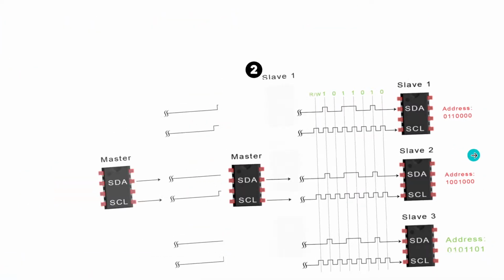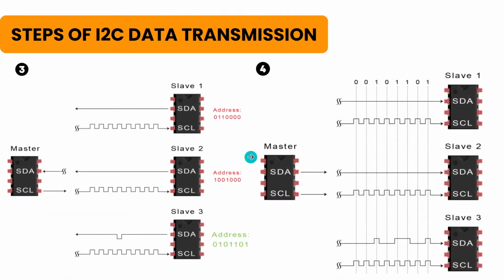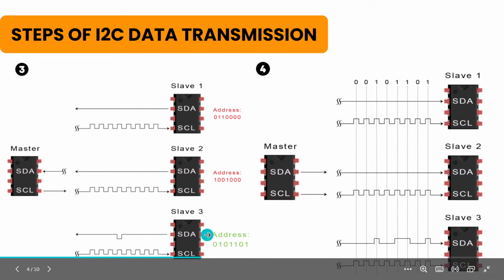Then the third step is each slave compares the address sent from the master to its own address. If the address matches, the slave returns an acknowledgement bit by pulling the serial data line low for 1 bit. Here it is.